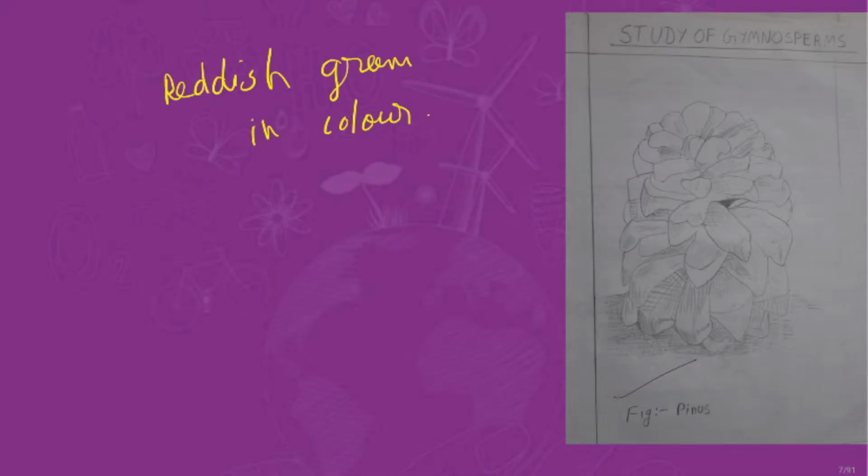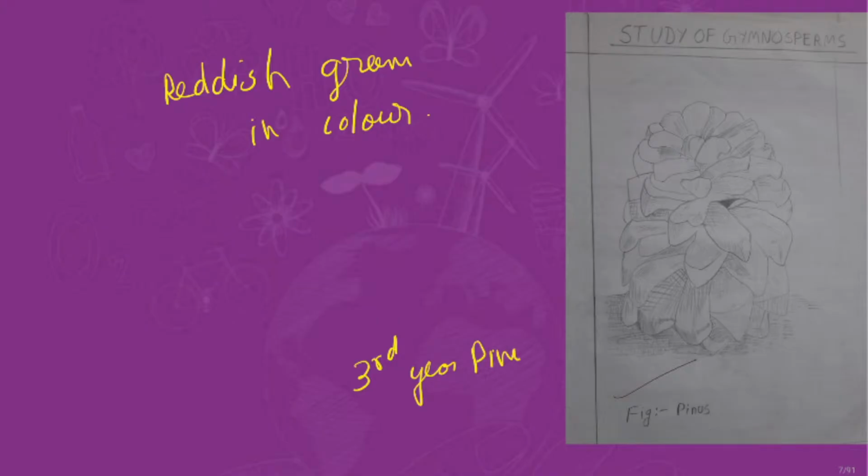A single shoot may bear 1 to 4 female cones, which are reddish green in color and mature in 3 years. Mature in the third year.